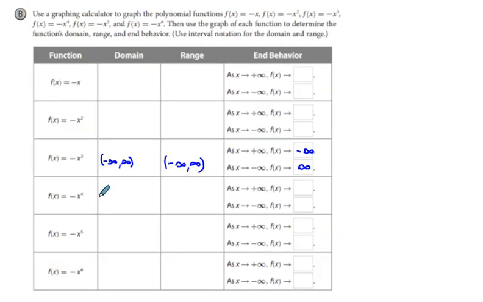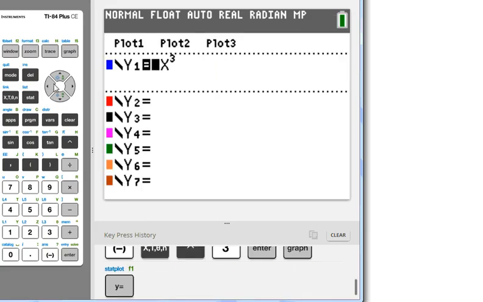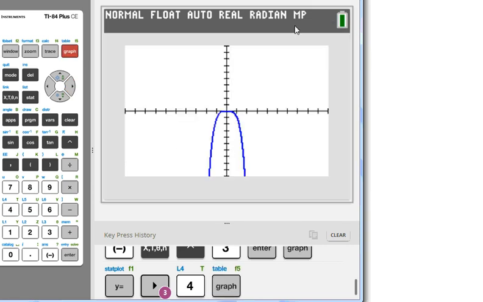And then just to do one of these, if we have negative x to the fourth power, we still have our domain greater than negative infinity, less than infinity. But in this case, going back to the graph, we go up here, x to the fourth power, and we should see that we have a maximum of 0.